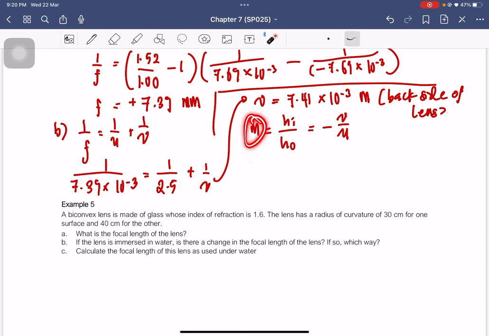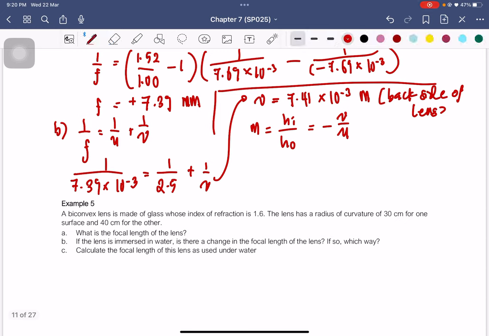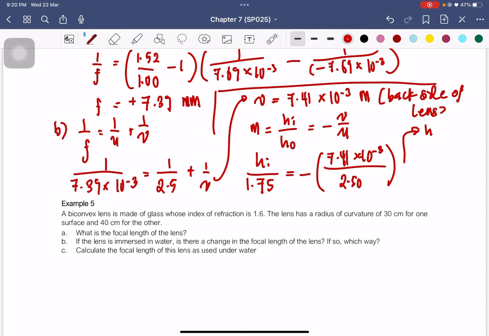We don't have the magnification directly, so we just have to use these two formulas. So from there you will get h_i equal to 1.75, which is the height of the object, times negative 7.41 times 10 to the negative 3 divided by 2.5. So you will get the height of the image to be equal to 5.